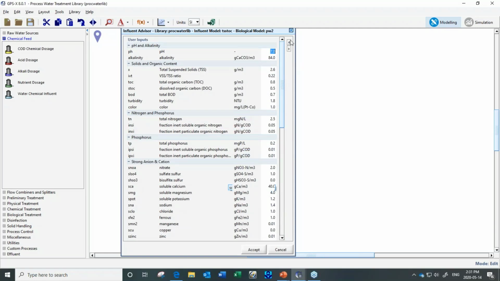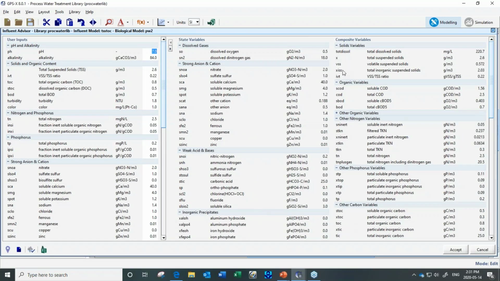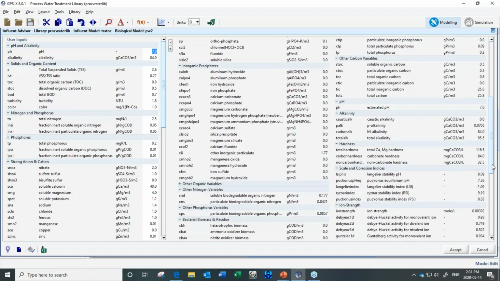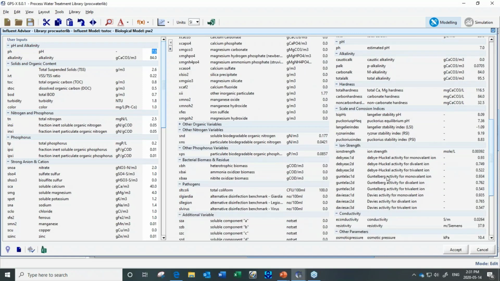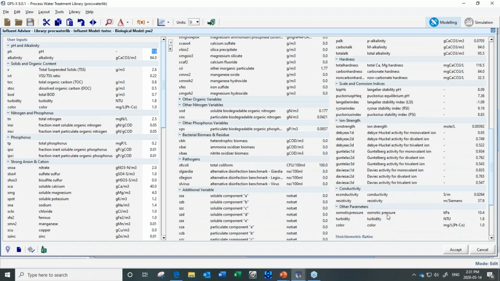And once you have defined it, on the right-hand side, it will do a lot of calculations for you as soon as you enter this information. Here we can see on the right-hand side some of the water chemistry variables that I was talking about: alkalinity, for example, different types of hardness, different types of stability indexes, ionic strength, conductivity, resistivity, and osmotic pressure.